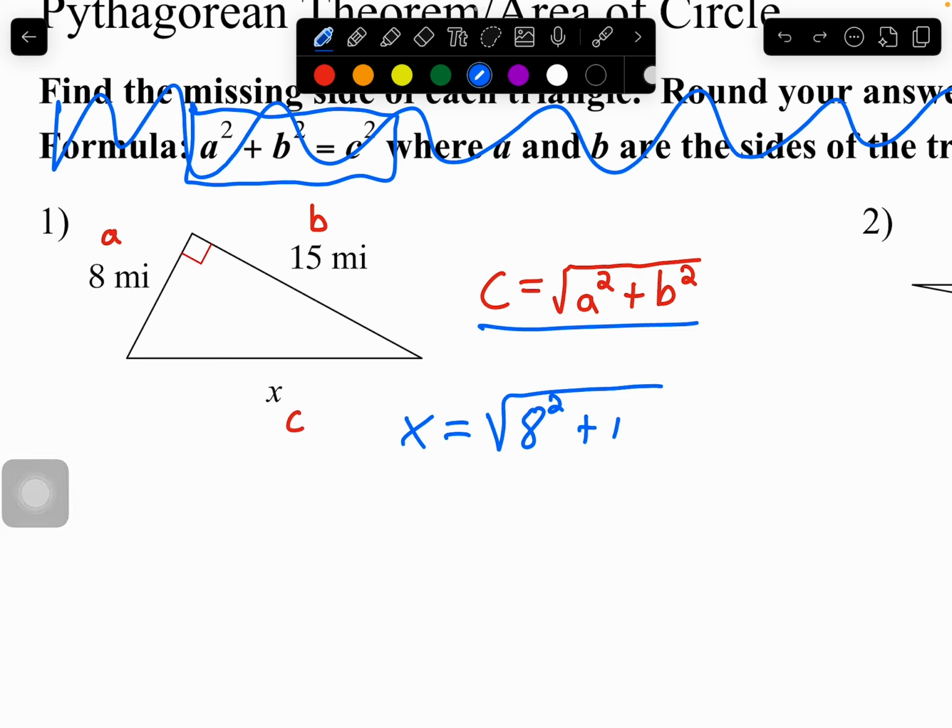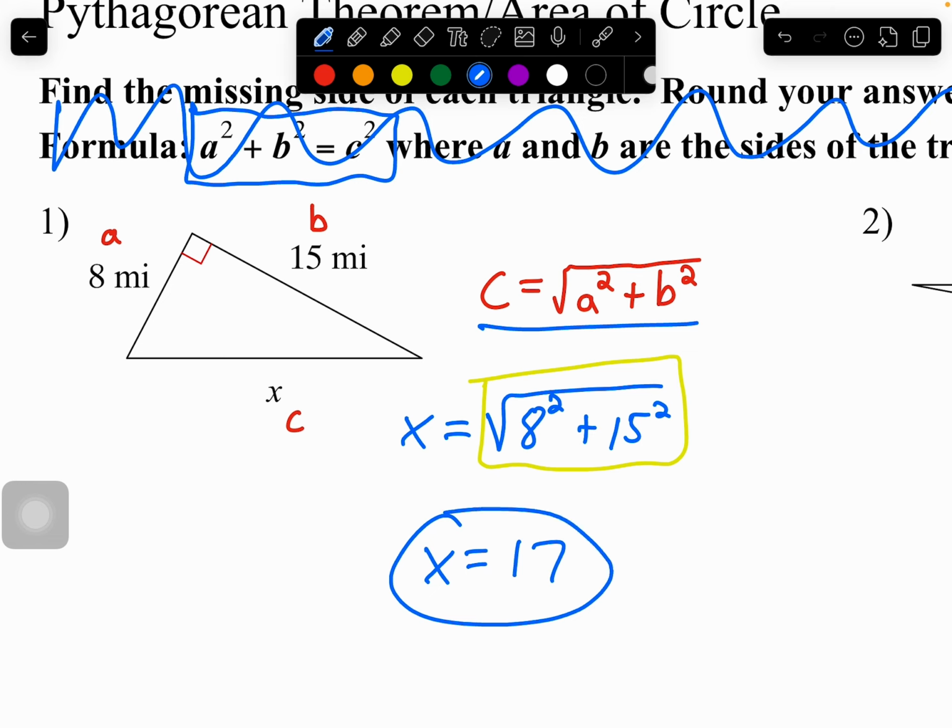And since X is already by itself here, you just plug all of this in the calculator. You should get X equals 17.